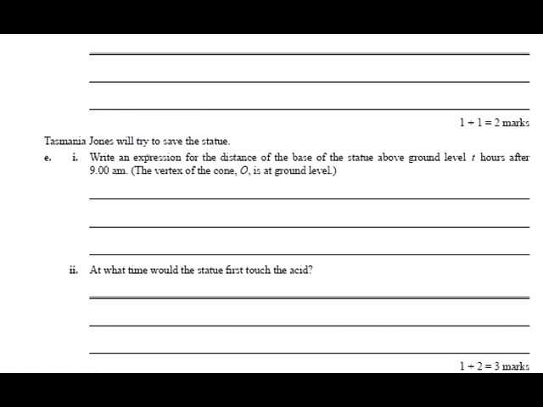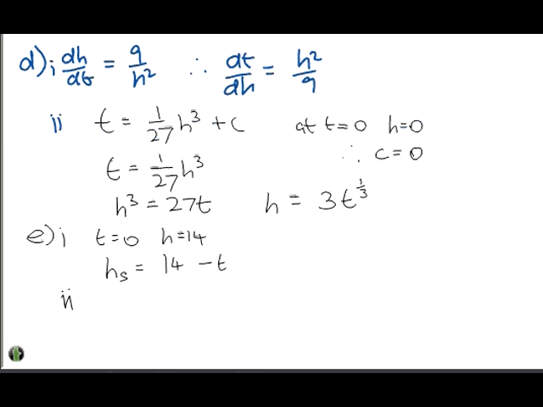Okay, so basically this is the part that you put everything together. Remember that in previous questions we've had h equals 3 times t to the power of a third. That's the height of the acid. Height of the statue is 14 minus t. So what do you do? Equate them together.